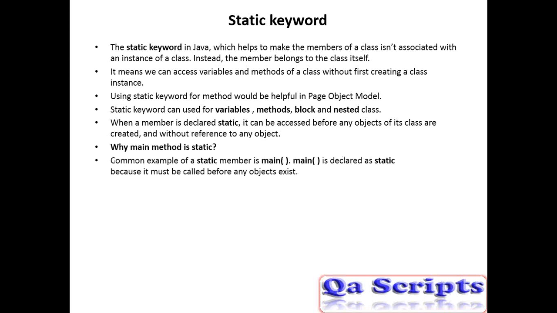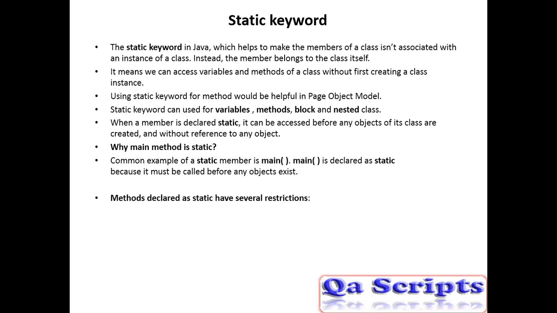Like that, to execute any class we need main, because when we start executing, JVM will look for the main which has the static keyword. Hence the static keyword helps the main method to get executed before any other method or object gets executed.